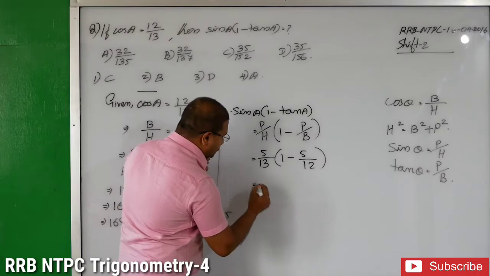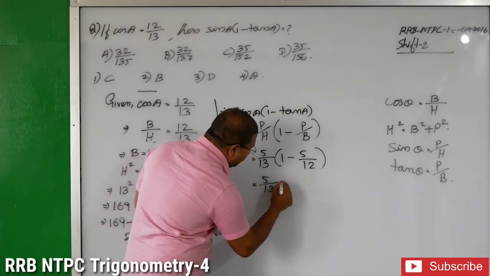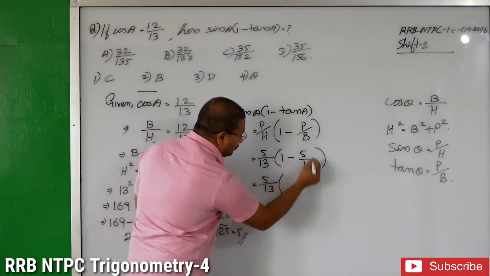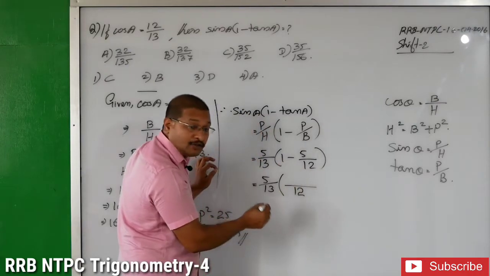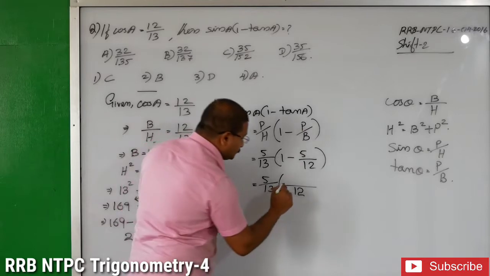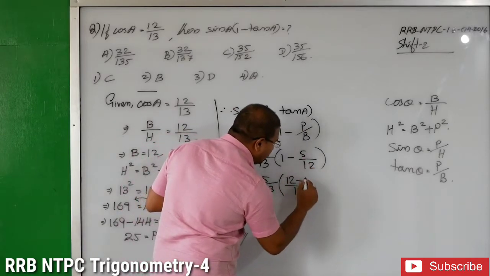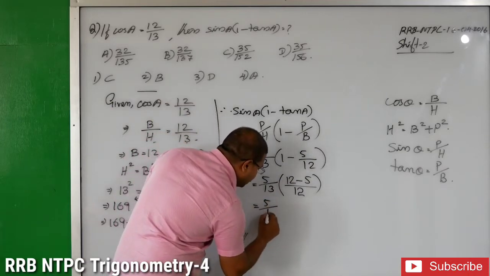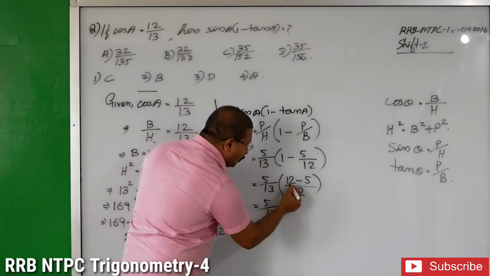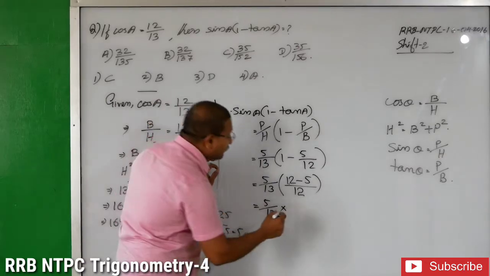This equals 5 by 13 into, we will take the LCM here. What is LCM? 12. Now this will multiply here, isn't it? So 1 into 12, 12 minus 5 equals 5 by 13 into 12 minus 5, 7.